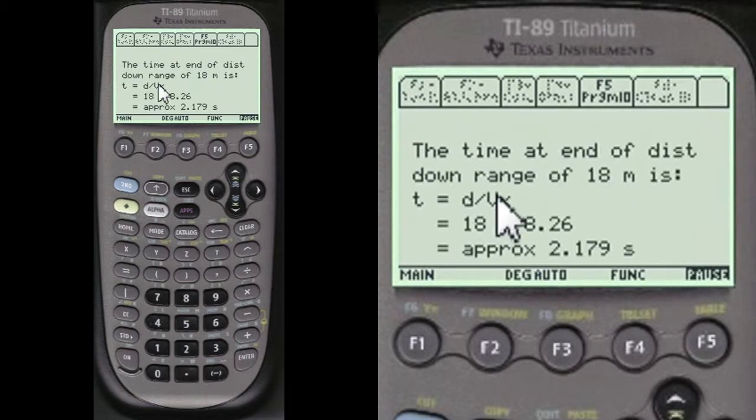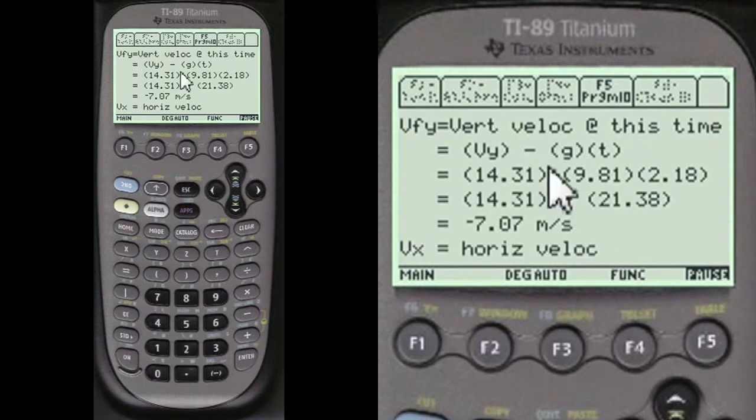The time at the end of the distance downrange of 18 meters is the distance divided by the x component of velocity, which equals 2.179 seconds. And everything is time in these problems, because they're always at a certain time, whether it's velocity or height or distance, etc. So you have to always find time.